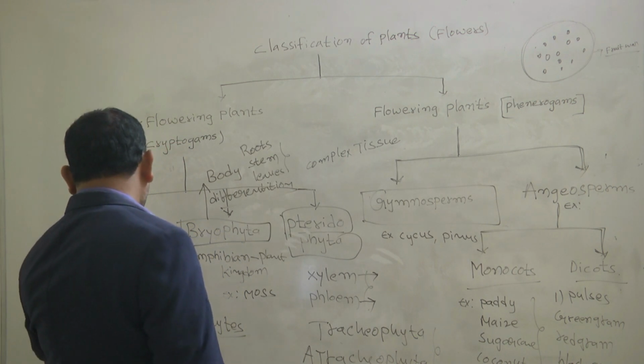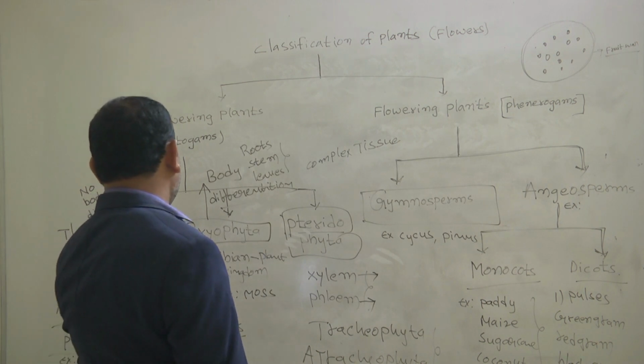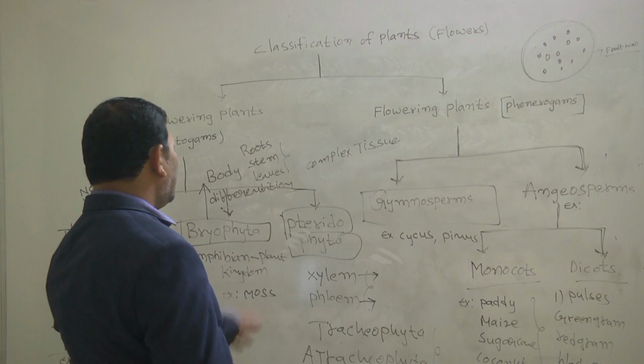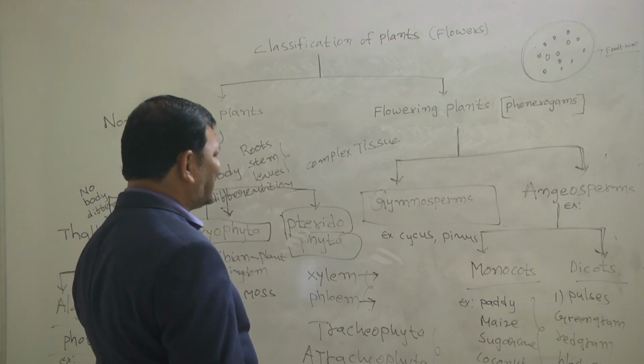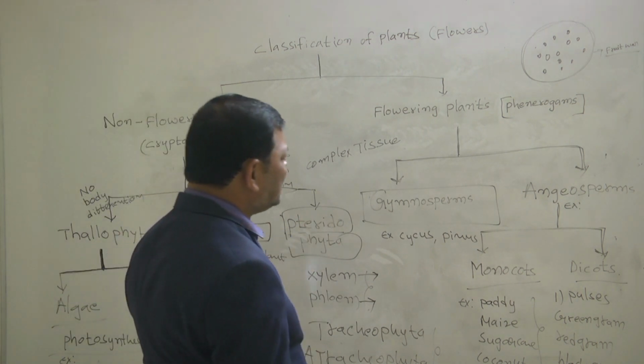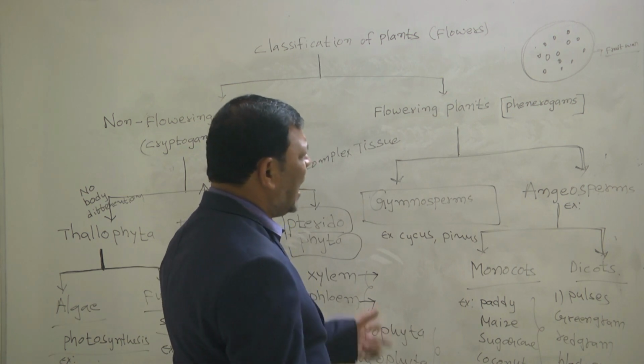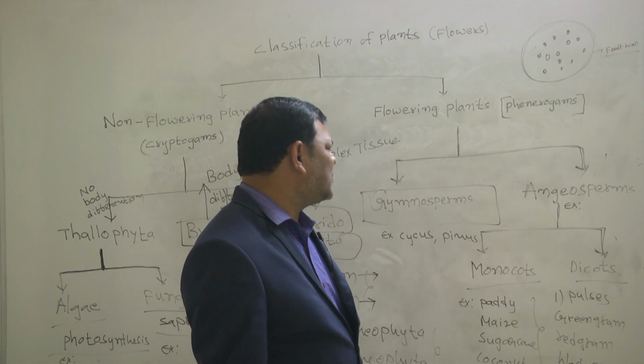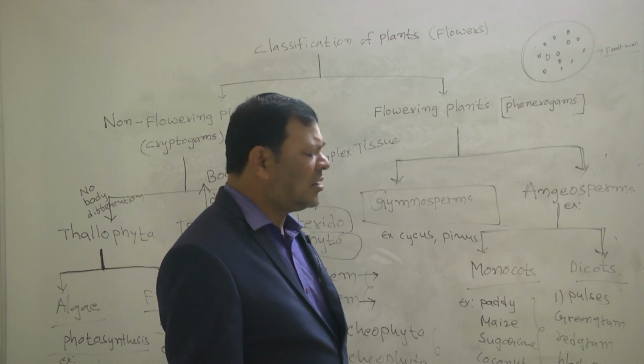Thallophyta is again classified into two phyla, algae and fungi. Bryophyta is known as the amphibian of the plant kingdom. In Pteridophyta, we can see the vascular tissues. In gymnosperms, naked seeds are present. Angiosperms are again classified into two types, the monocots and dicotyledons.